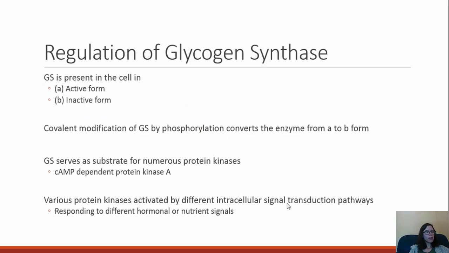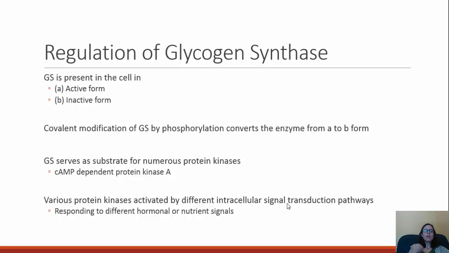Okay, so we know that glycogen synthase is our really important enzyme for increasing the glycogen size, but how is this enzyme regulated? Well, it's present in 2 forms, the active form A and an inactive form B. And it's the phosphorylation of the form A to the form B that inactivates the enzyme. So let's think back to the beginning of the course when we talked about kinases, which add a phosphate group onto a certain substrate.